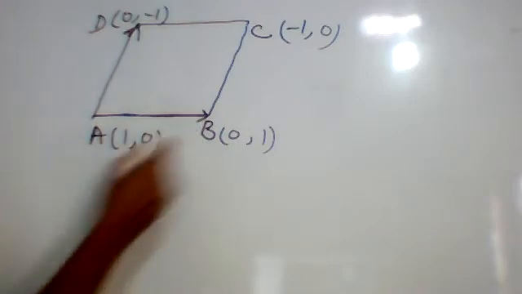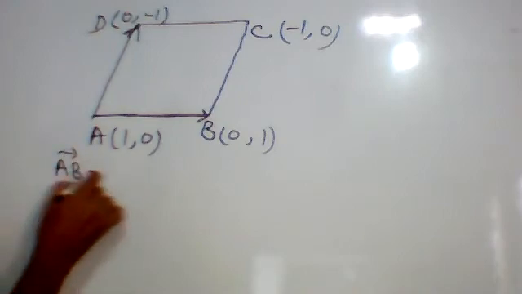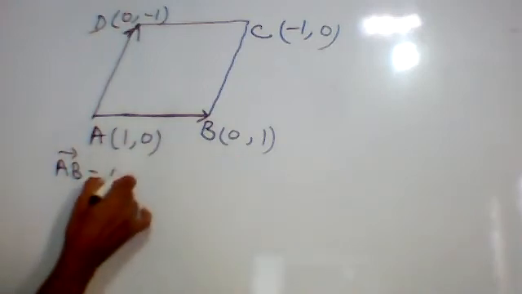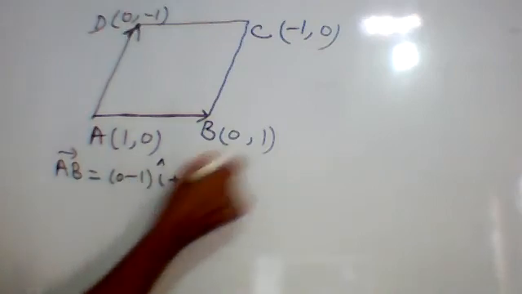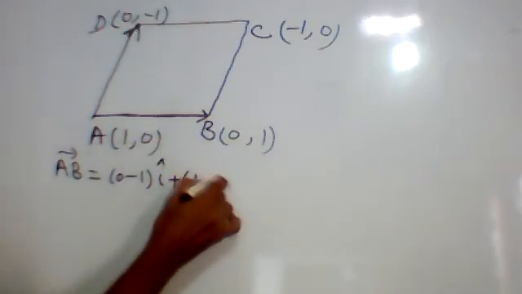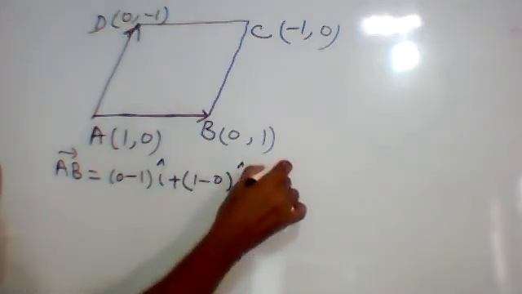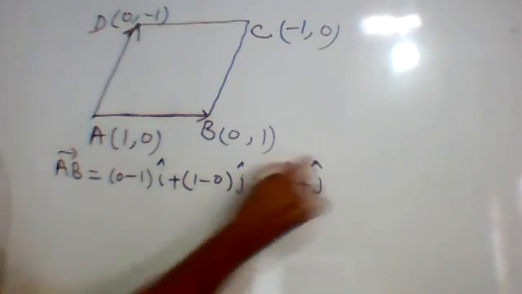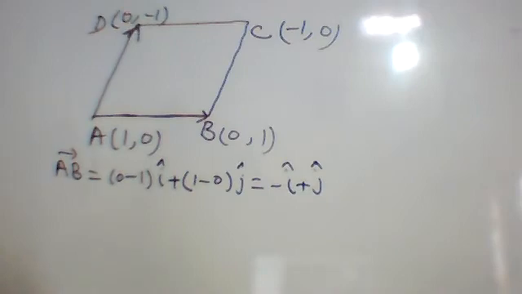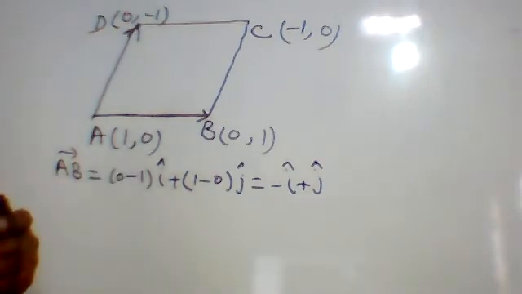Find AB: (0 minus 1) i plus (1 minus 0) j, so it will become minus i plus j. This is the vector AB.